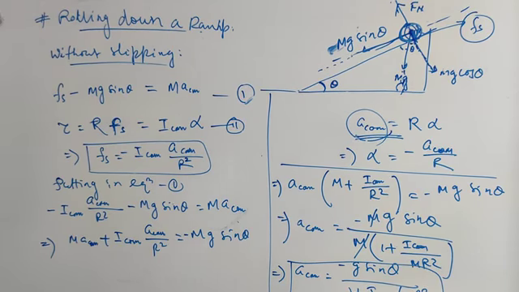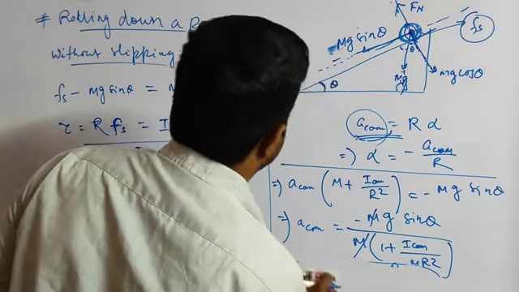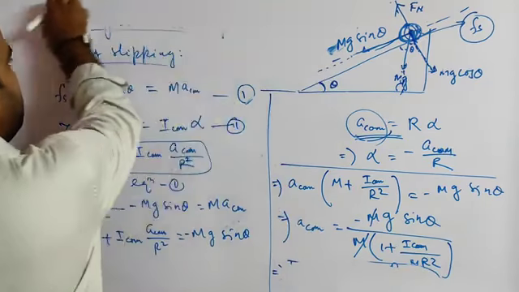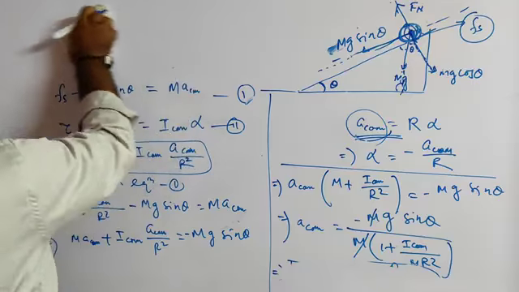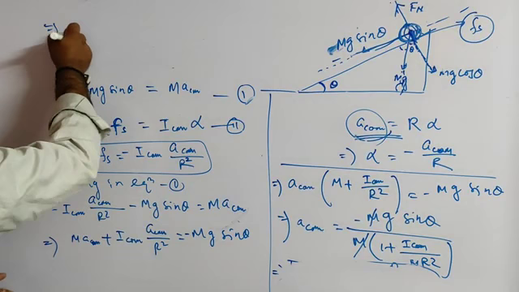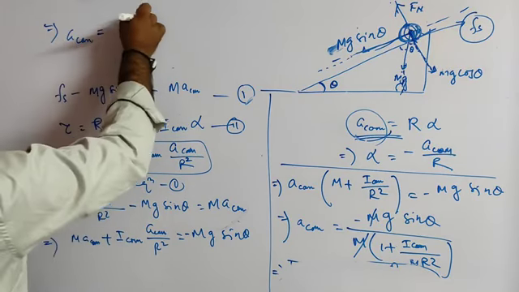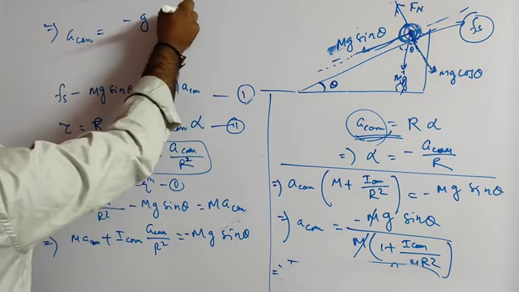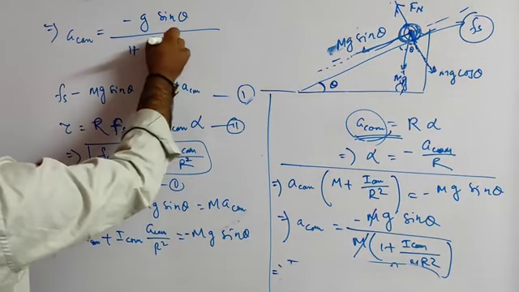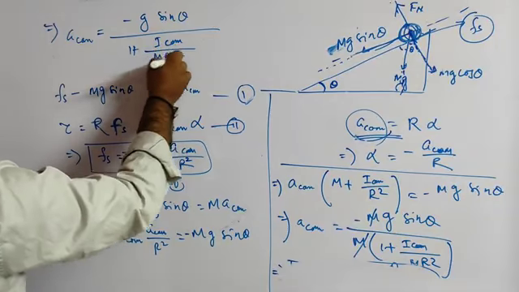And some portions are not visible clearly, so I am writing here. a center of mass is equal to minus g sin theta upon 1 plus I center of mass by mr square.